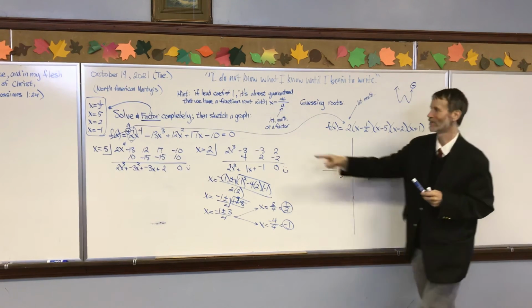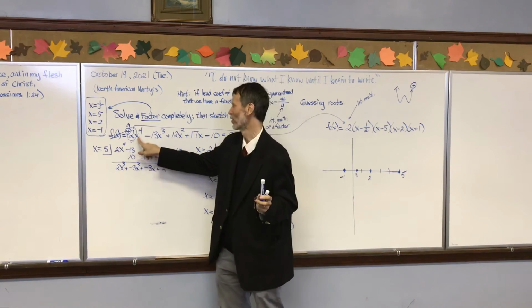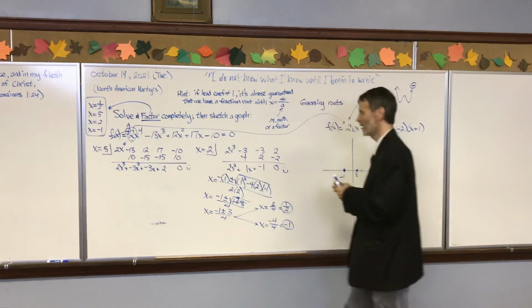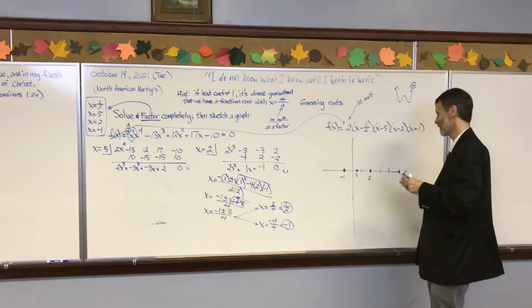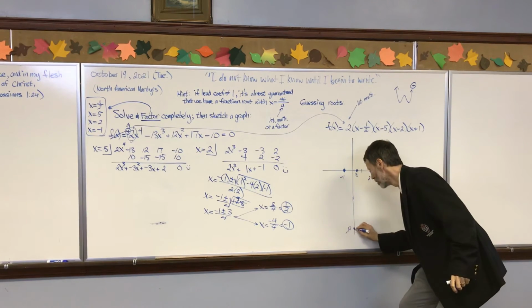It's -10. Y-intercept is when x is 0. If you plug in x equals 0, all the other terms die except 10. So -10 rather. So it's going to hit here.